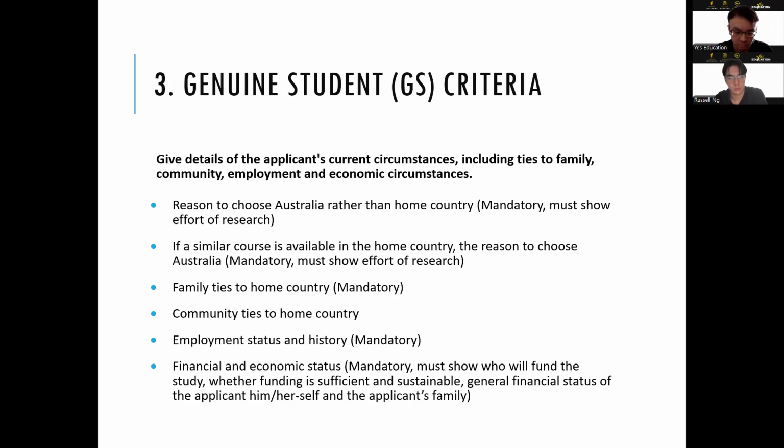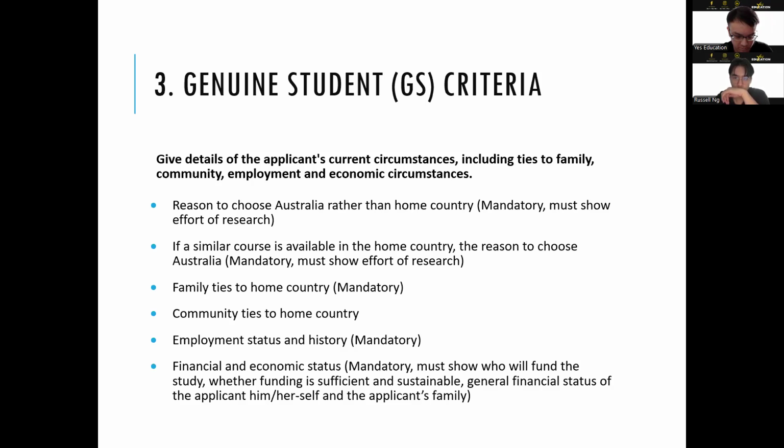At least you need one sentence for that, but usually we recommend you do more. You need to show effort of research. You need to talk in more detail about the advantages of Australia and what kind of disadvantage there is if you study in your home country.